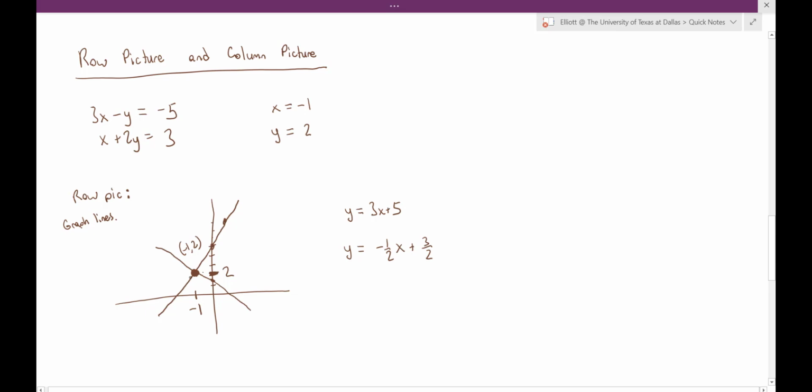Hence, where the lines intersect will be where the solution of the system of equations is. And what's important about the row picture is that it gives us some insight into what a solution to a system of equations might look like.